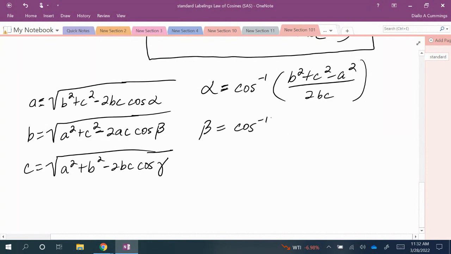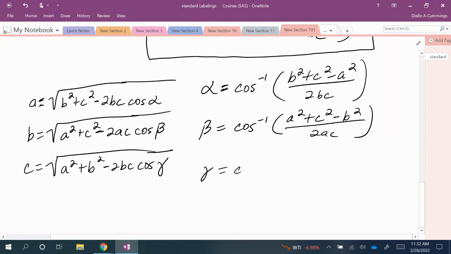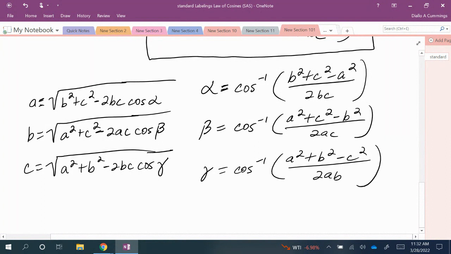Beta is equal to the arc cosine of a squared plus c squared minus b squared over 2ac. Gamma is equal to the arc cosine of a squared plus b squared minus c squared over 2ab. I'll give you a second to write down all of the formulas.